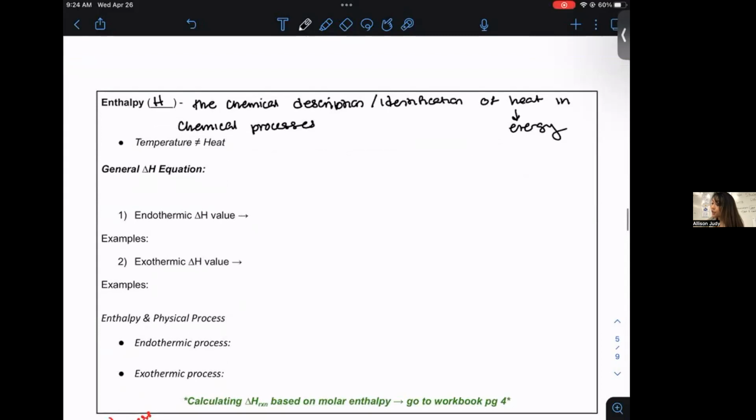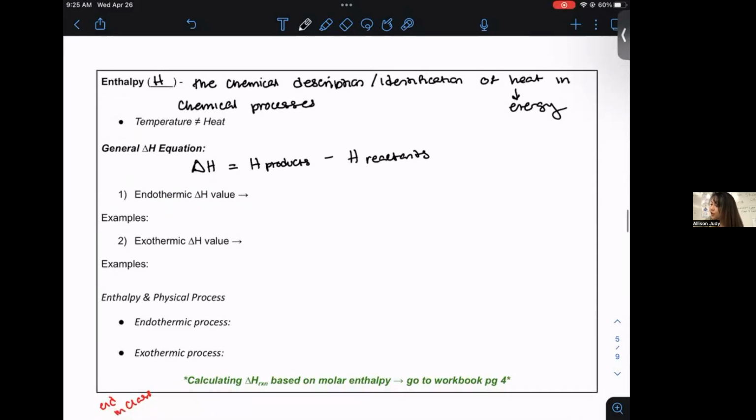So the general equation for H is that the enthalpy change is the enthalpy of the products, the heat of the products, the energy of the products, minus the energy of the reactants. So we're evolving our definition slightly to be more chemically accurate to the study of heat energy. This is how we actually write this.